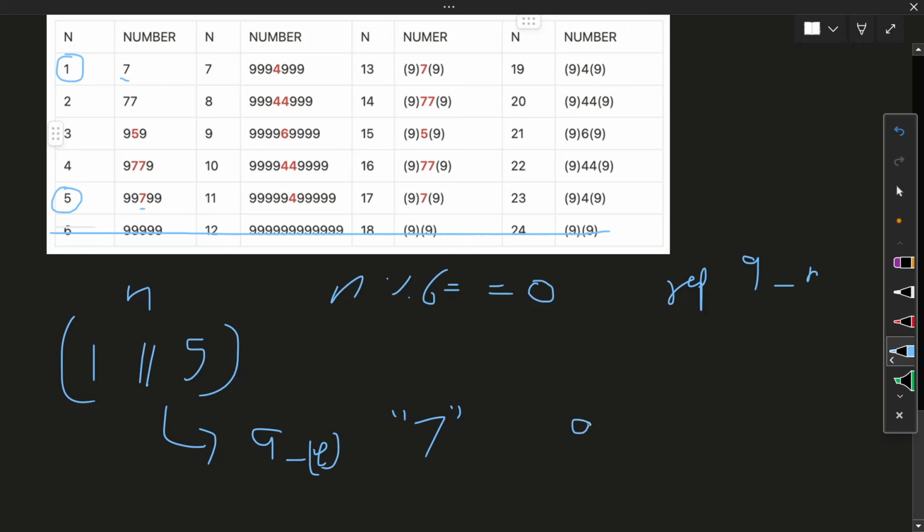Let's say L. So what is L here? Let's say n is 5. So 5 by 2 is 2, so we repeat 2 number of times. 1 by 2 is 0, so we repeat 0 number of times.